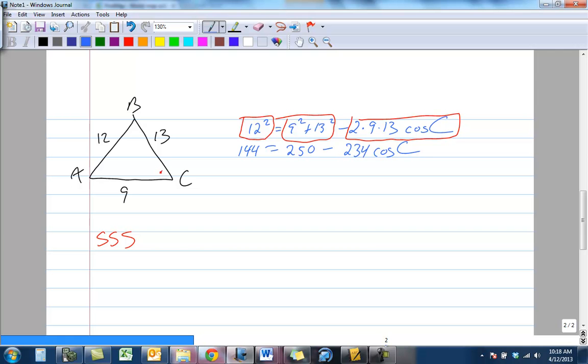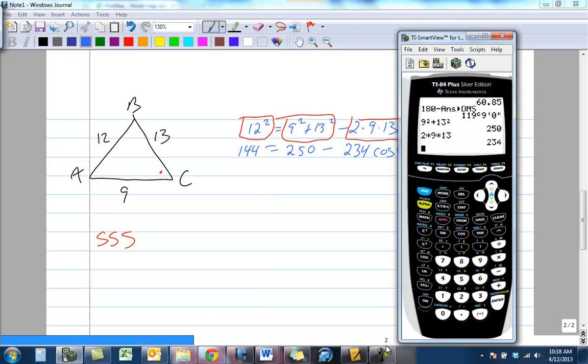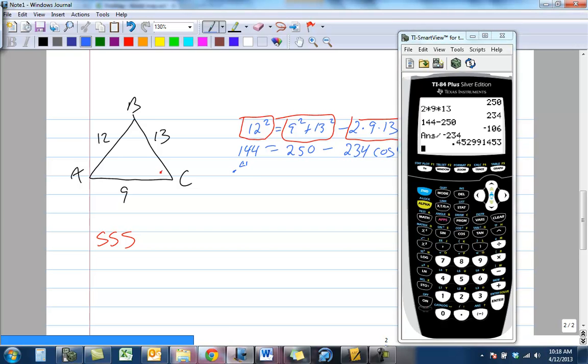Subtract 250. So 144 minus 250. Negative 106. Divide by negative 234. And you get 0.4530-ish, right? Is the cosine of C.